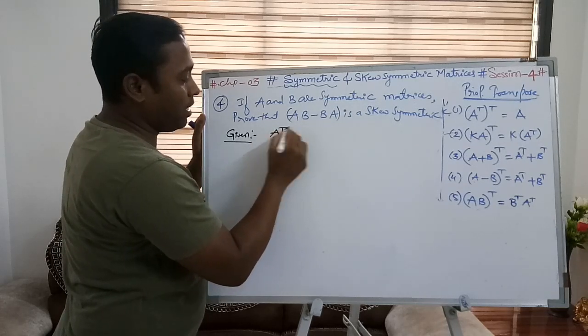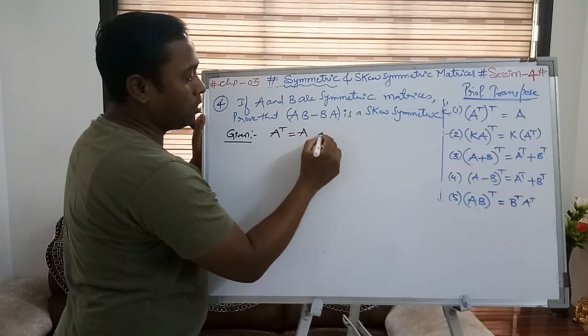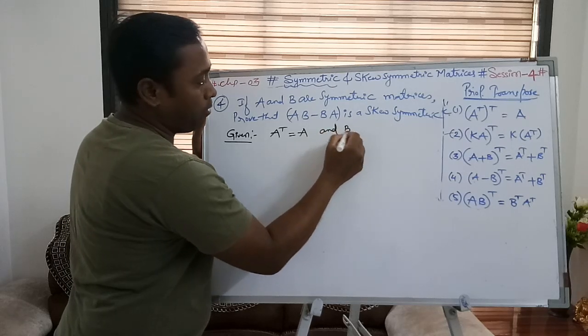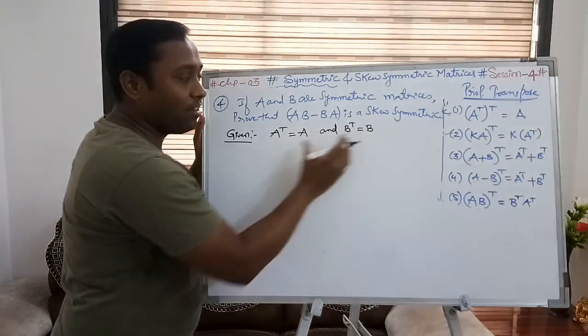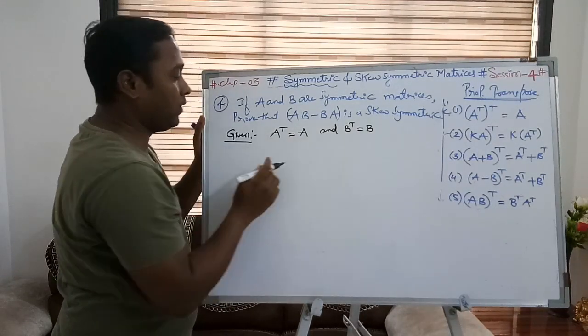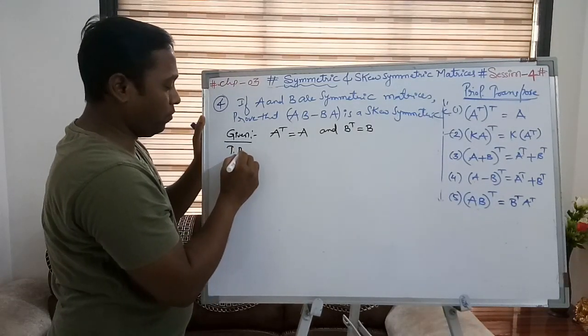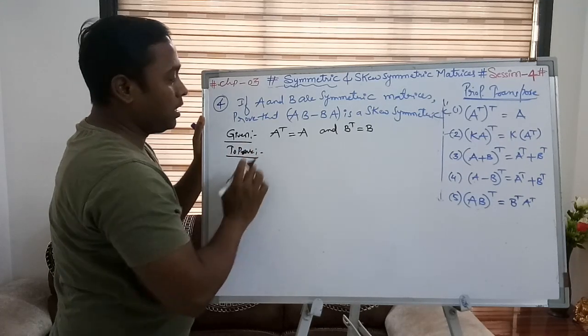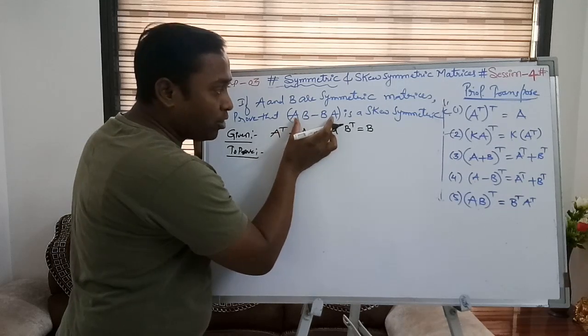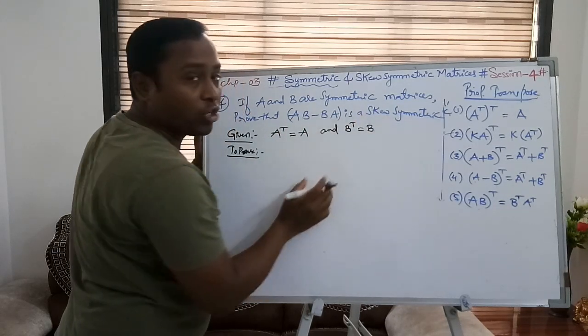What does it mean? Symmetric means A transpose is equal to A and B transpose is equal to B. This is a given condition. With the help of this, what do I have to prove? I have to prove this operation is skew symmetric.